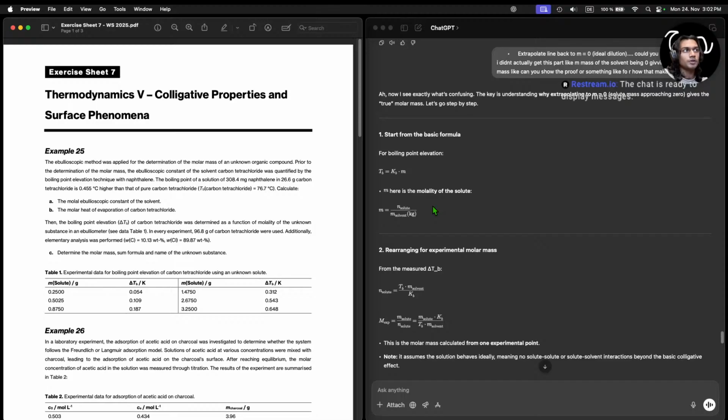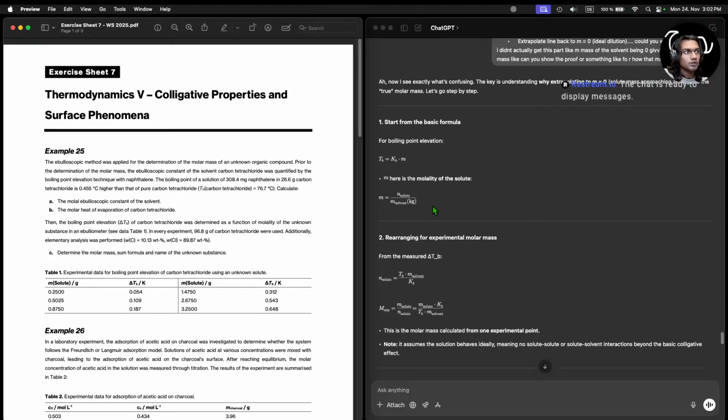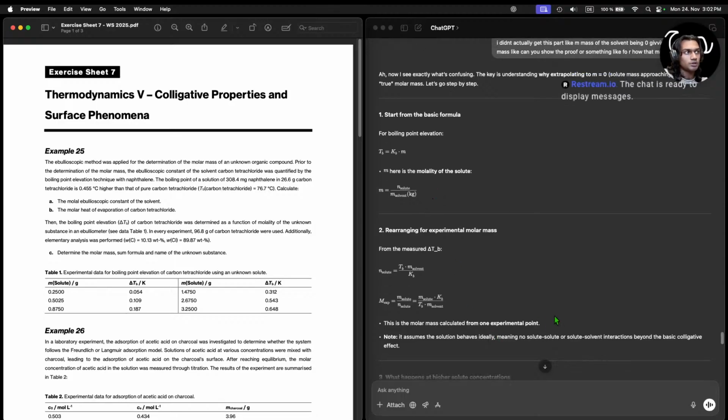Rearranging for experimental molar mass from the measured delta Tb. This is the molar mass calculated from one experiment point. It assumes the solution behaves ideally, meaning no solute-solvent or solute-solute interaction beyond the basic colligative effects.